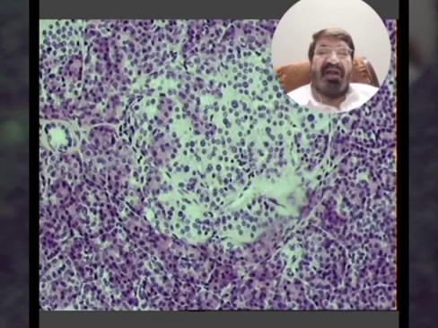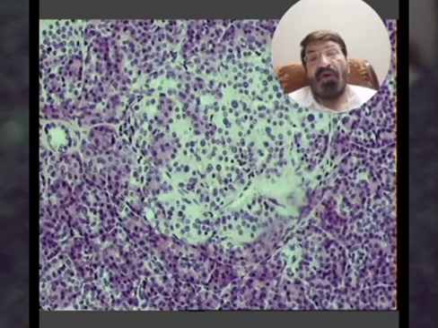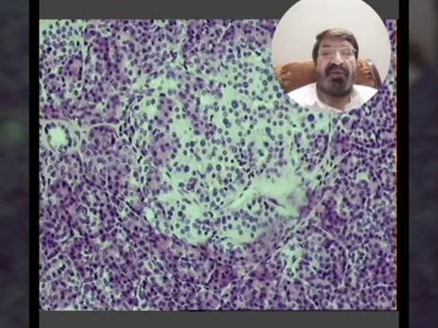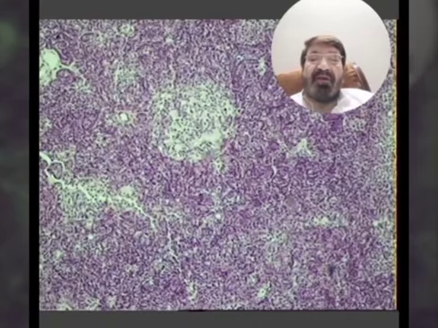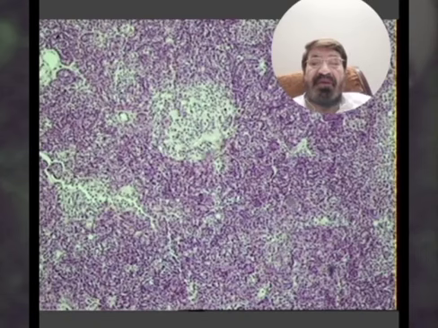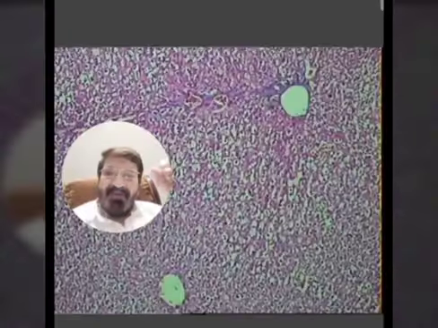This is the islet of Langerhans. Insulin and glucagon are secreted from the cells present in the islets of Langerhans. This is the pancreas. Again, you can see this is the islet of Langerhans. Here lies the islet of Langerhans. There lies the islet of Langerhans.